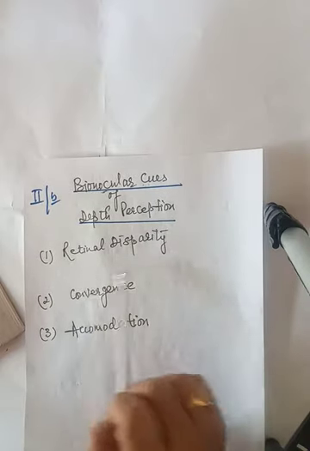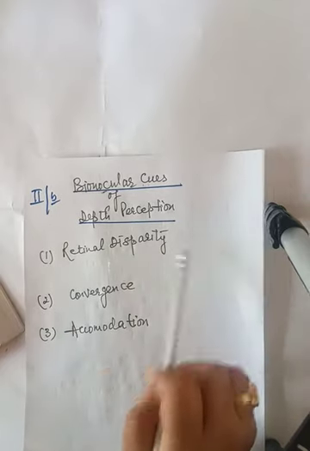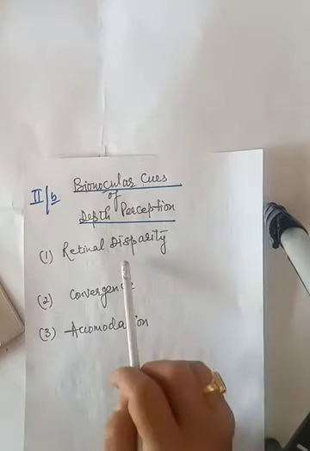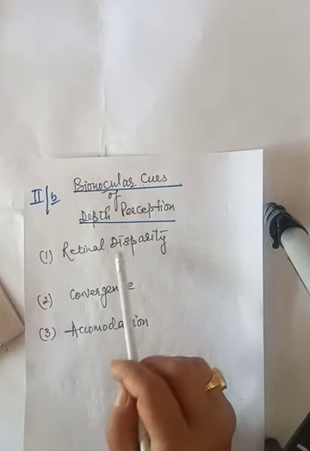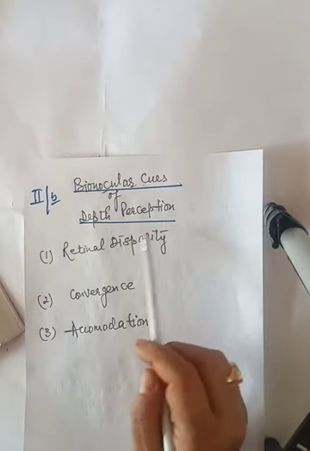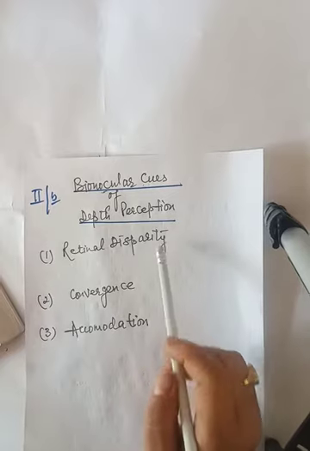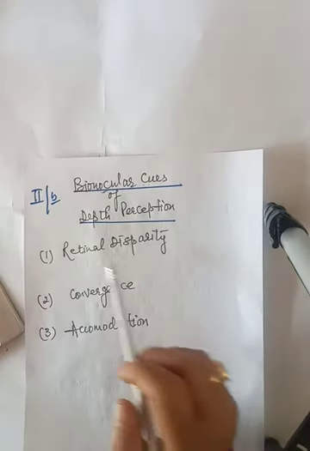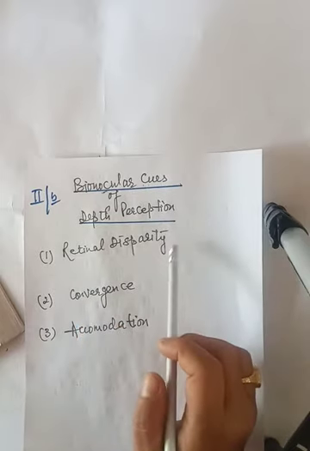Since both eyes make their own images, the right eye can see the right side of an object or a scene in a better manner, and the left eye sees the left side of the scene or object in a better manner.